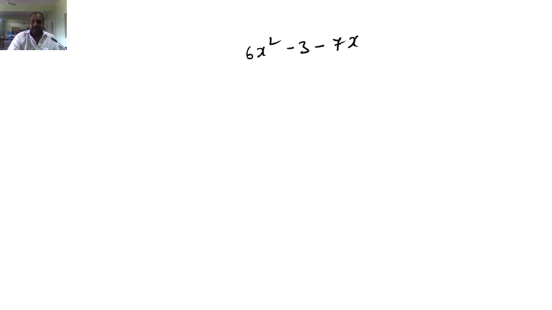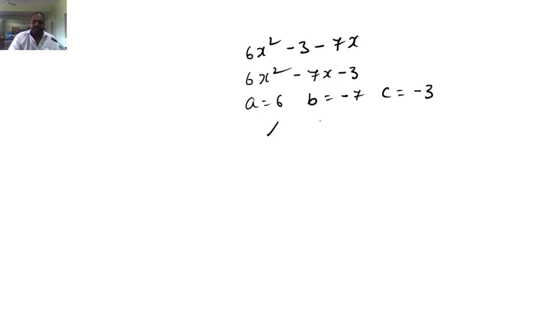That means ax square plus bx, the next term is the x coefficient. 6x square minus 7x minus 3. The middle term is the x coefficient. So ax square general form plus bx plus c. Here a is equal to 6, b is equal to minus 7, c is equal to minus 3.